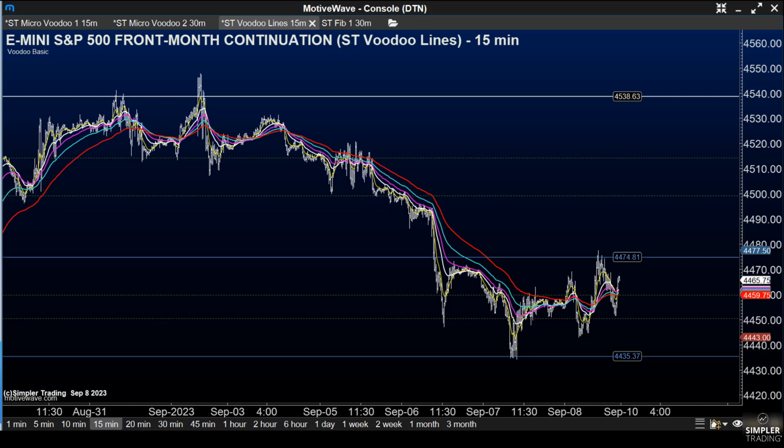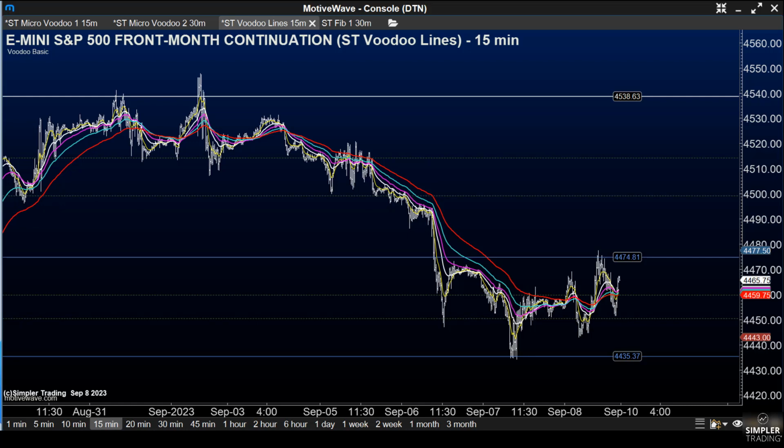I want to talk about futures rollover, which we're going to see come into play here next week. The reason is we look at a chart of the E-mini S&P futures. Look, the current front month contract, which is printed here on my chart, is the September contract.